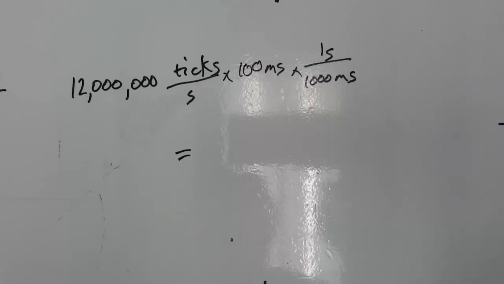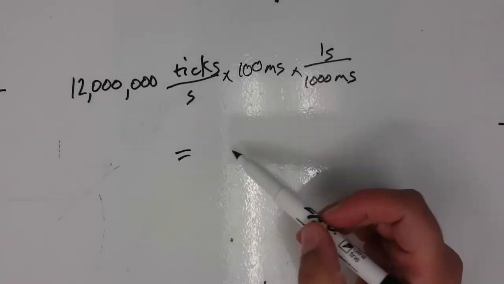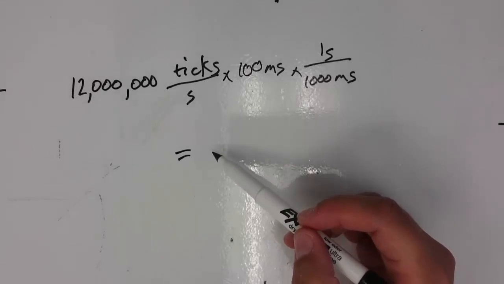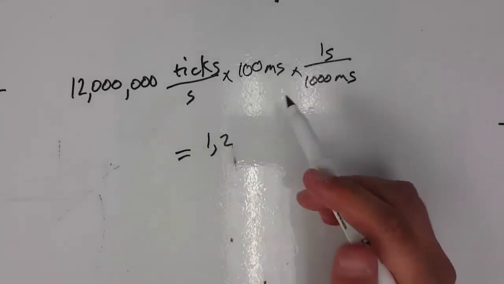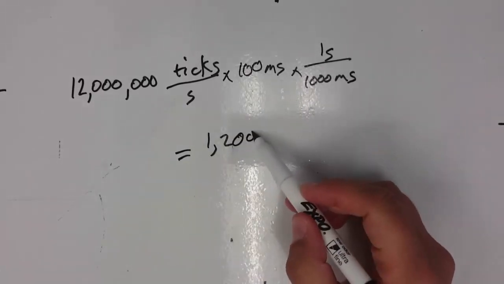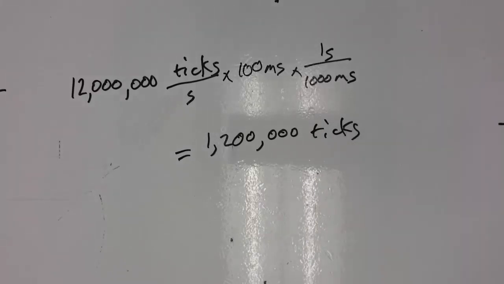So our clock ticks 12 million times per second, and I would like to know how many ticks will be 100 milliseconds. All I have to do here is a simple unit conversion. 1.2 million ticks corresponds to 100 milliseconds, or 0.1 seconds.